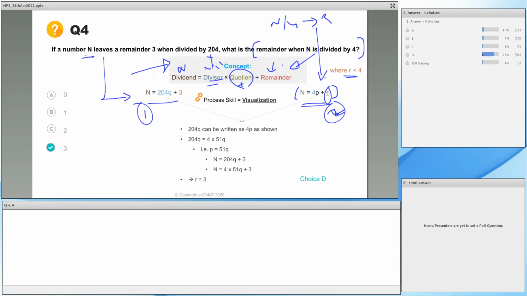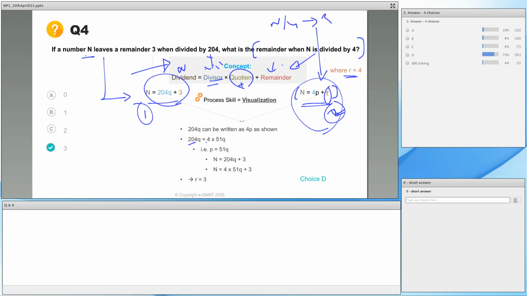So in all these questions, the approach that we really want to build upon is, what do I do to represent this to look like this? So if you look at 204q, I want to bring it down, crystallize it to a format where it's some 4x, or 4p or 4q, whatever it is. 204, as it happens, is a multiple of 4, right? It's 4 into 51q.